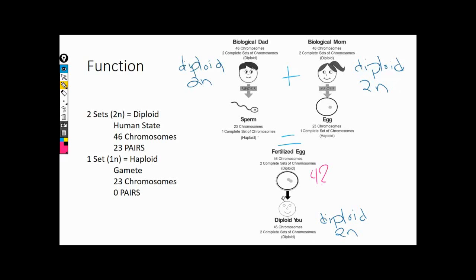So if we leave it as is, and I donate my whole set of chromosomes, put those in my eggs, and dad puts his whole set of chromosomes in his sperm, and we just let that fertilize, we get mutant baby. All sorts of extra stuff, weird arms sticking out of his head. Kids are going to make fun of him at preschool. So we need to do something with our gametes to make sure that we can get two for baby.